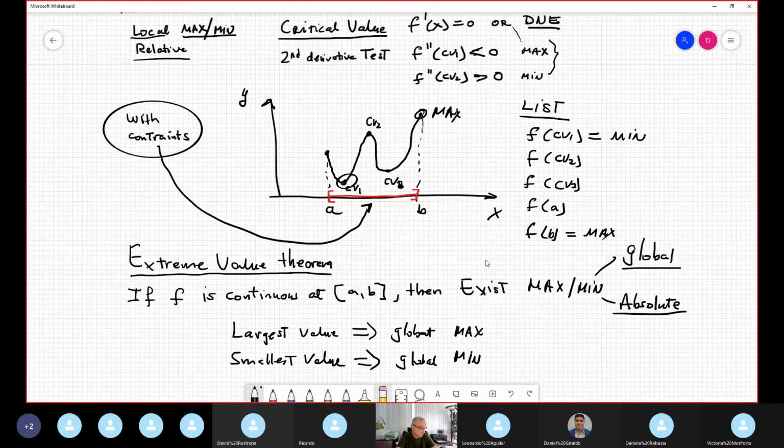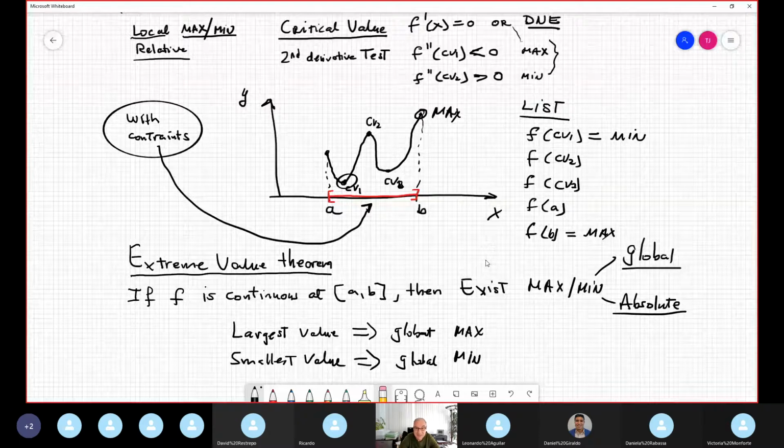This is extremely important. When you have the critical values, you evaluate the function at them, because maybe this relative maximum is the absolute maximum, or not. In this case, no. And you evaluate also at the endpoints. Endpoints represent the boundary of the problem.